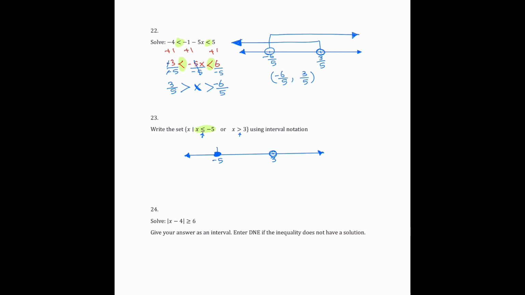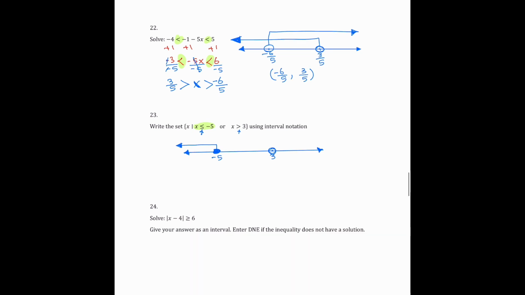This first inequality says x is less than or equal to 5. Less than or equal to 5 is all of the numbers to the left of it. And the other inequality says that x is greater than 3, so that is all of the numbers to the right of 3.